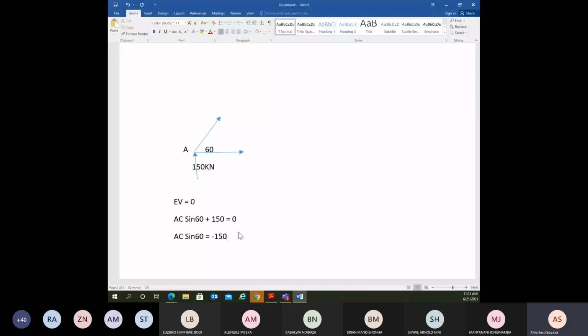Then I can divide by sine 60 on both sides. You see? Therefore, 150 divided by sine 60 is 173.21.